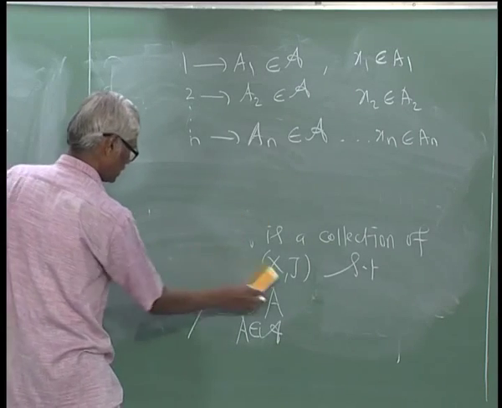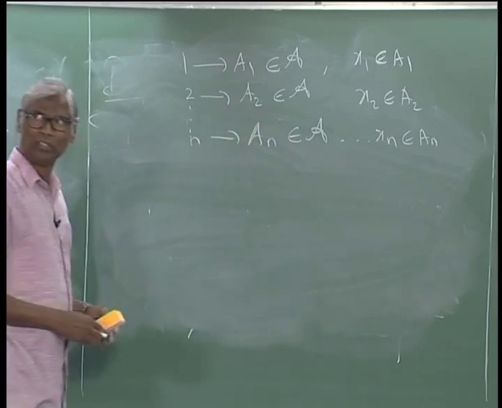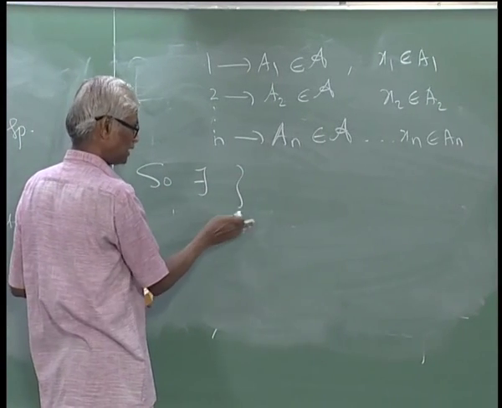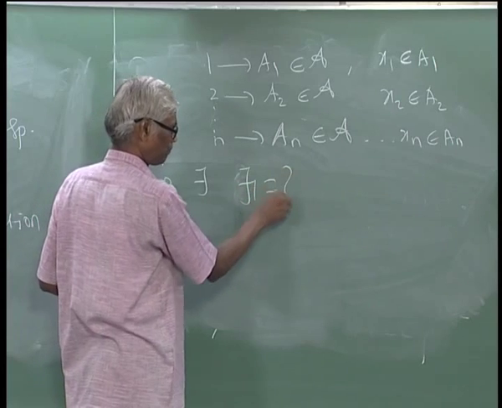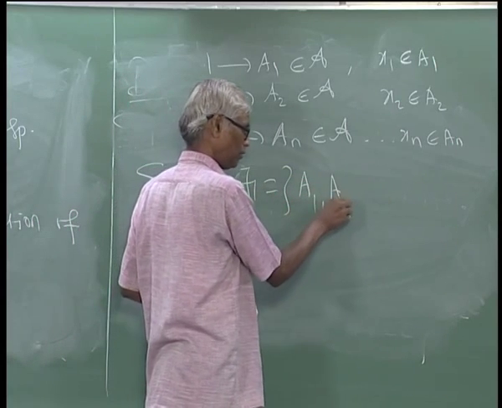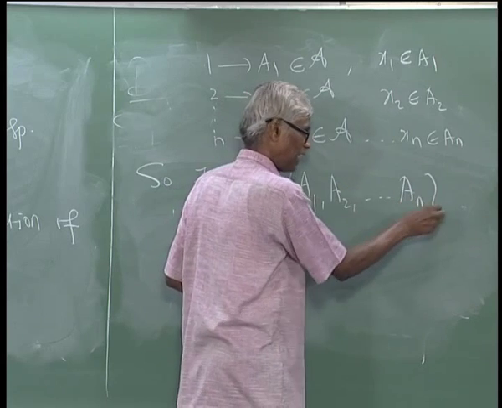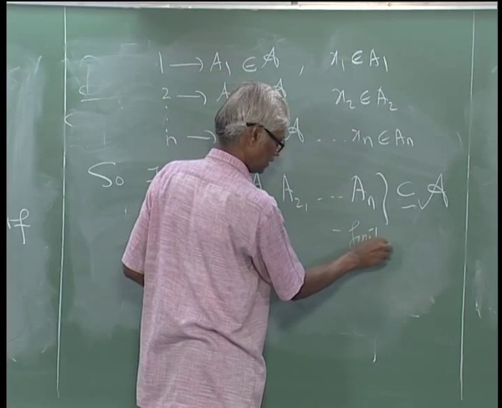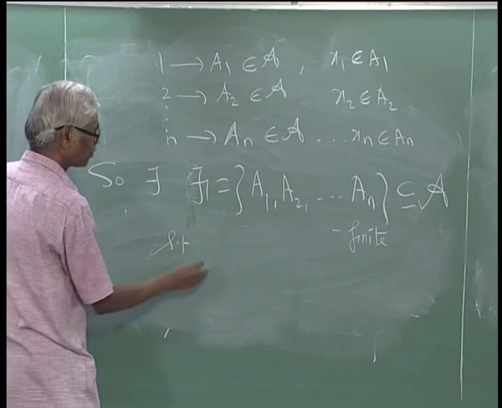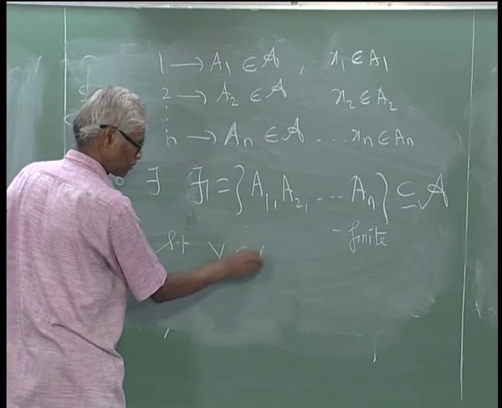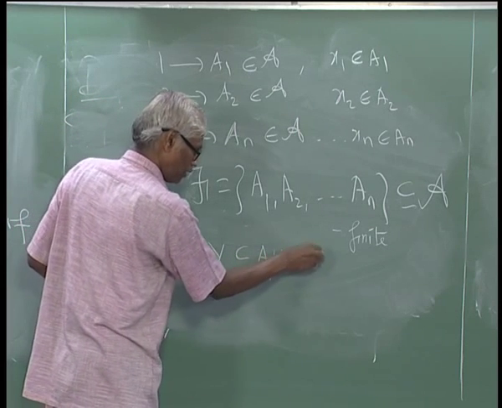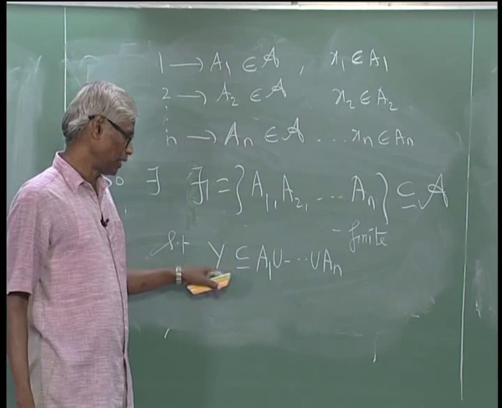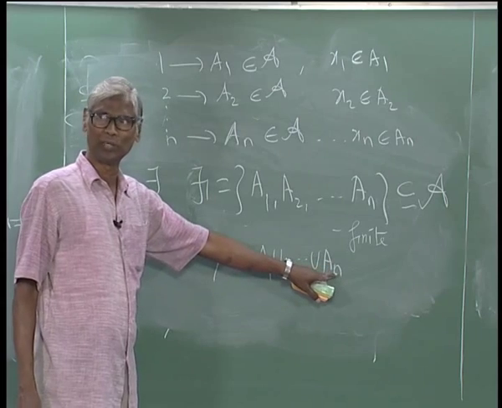Then the conclusion is that there exists F which is A1, A2, up to An, a finite subcollection of script A, such that Y is also a subset of the finite union of that subcollection. So, Y is a subset of A1 union A2 union up to An.